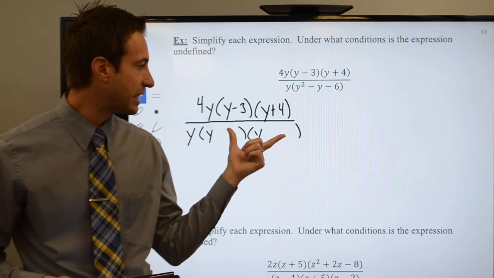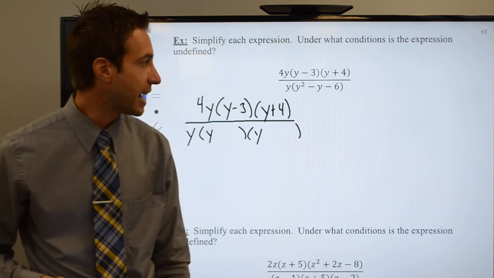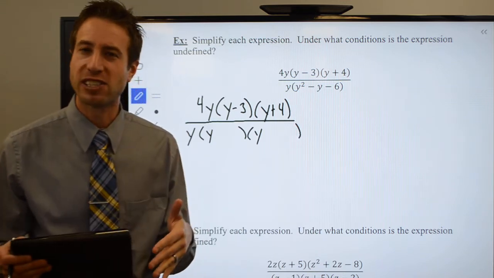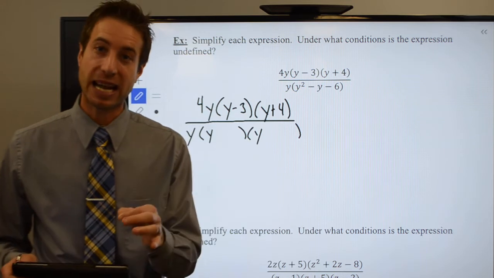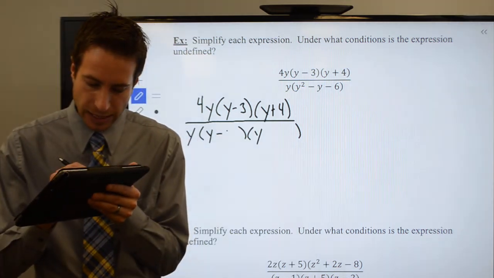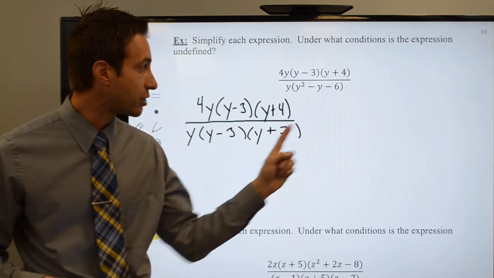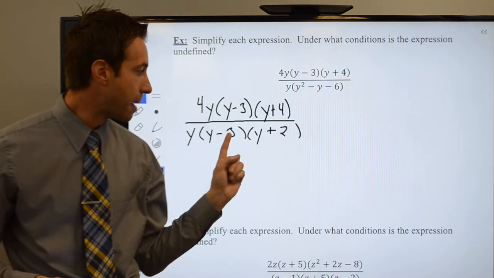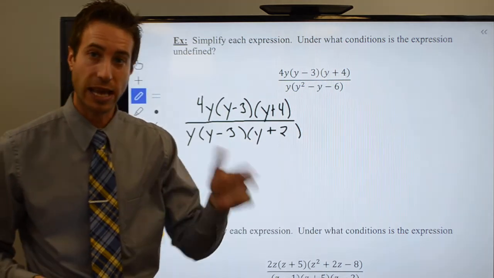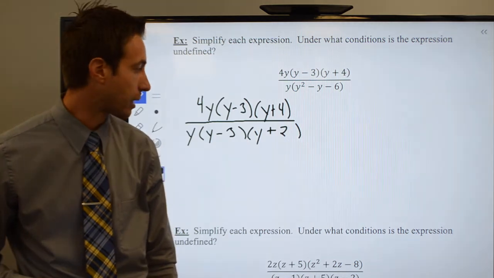Slightly trickier bit, I need two numbers that multiply to a negative 6, sum to a negative 1. Let me think about it for a second, and you should recognize that a minus 3 and a plus 2 should do it for you. So minus 3 plus 2. Again, a minus 3 and a plus 2 gets me a negative 6, and a minus 3 plus a positive 2 gets me a negative 1, which is exactly what I needed.